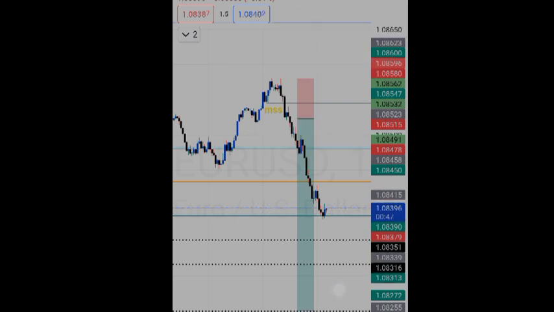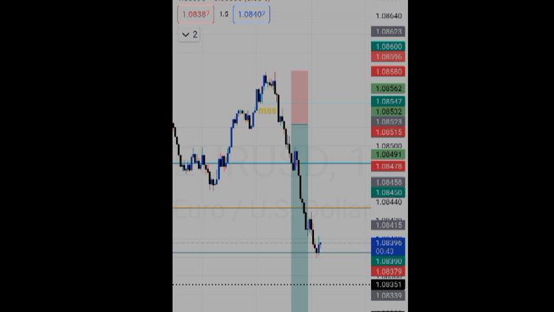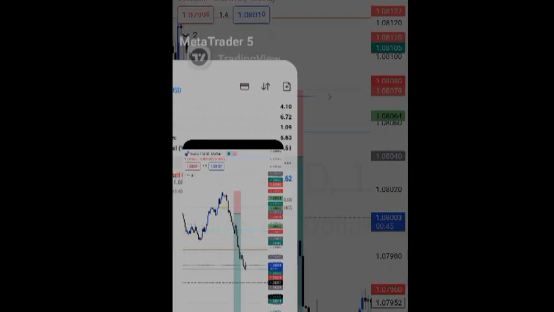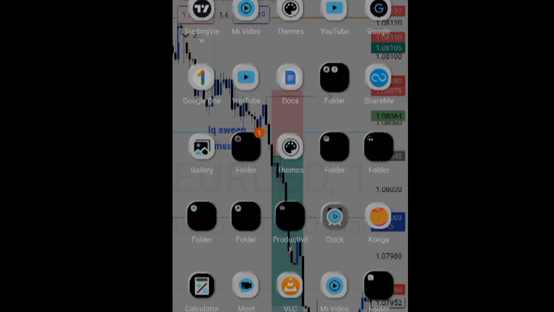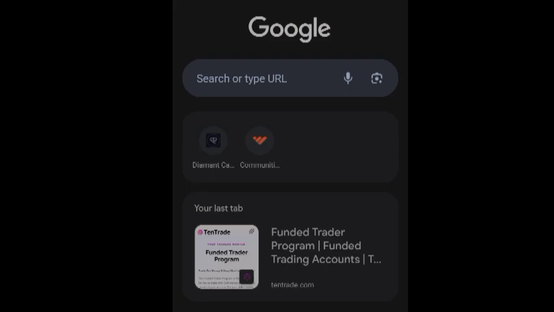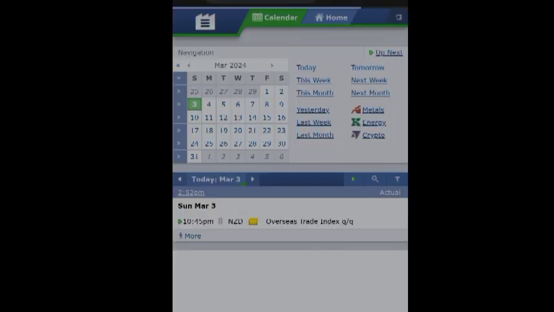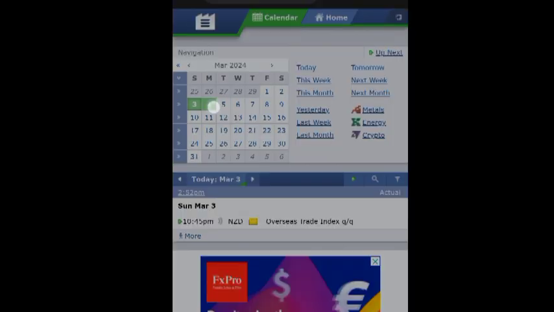So this is the target here. I think today there's no news. I checked it yesterday. Nothing important coming up today. Today is Monday.